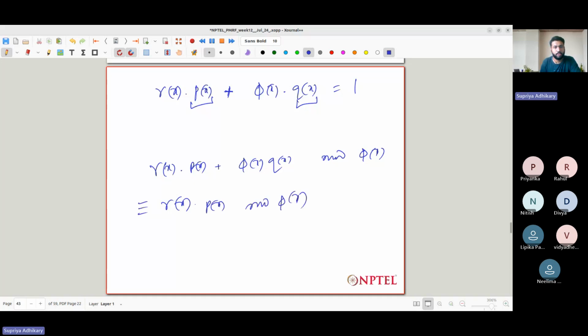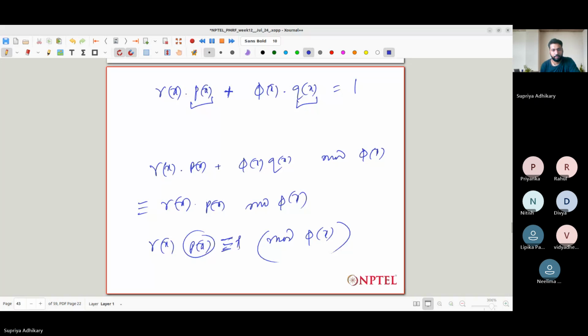So this is congruent to this. Now this was again 1, so therefore we can write that this R(x)P(x) is congruent to 1 mod phi(x). That is, there exists some polynomial P(x) such that this polynomial multiplied with R(x) gives us 1.